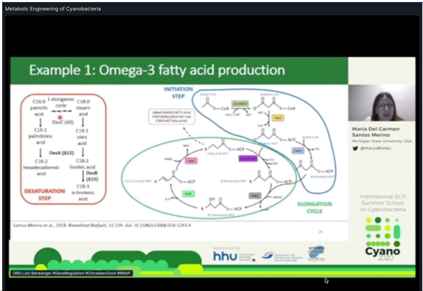Depending on the cyanobacterial species, we are going to have different amounts of desaturases. All of them contain at least the C that is going to introduce the first double bond.